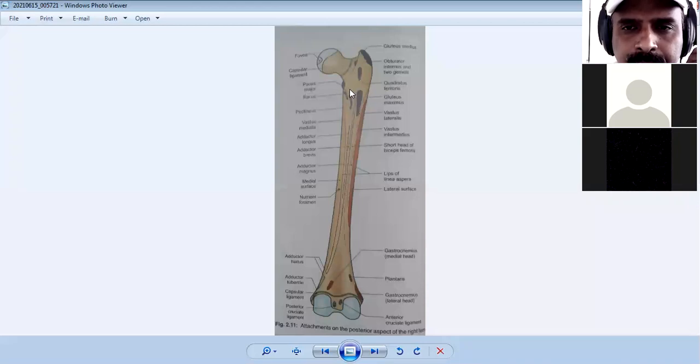From the line extending from the lesser trochanter to the linea aspera, that is pectineus. The base of the lesser trochanter gives insertion to the iliacus muscle, and the psoas major muscle at the apex of the lesser trochanter. So we have come across attachments of the head, greater trochanter and lesser trochanter.